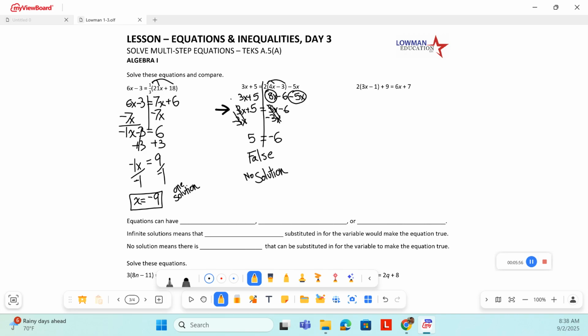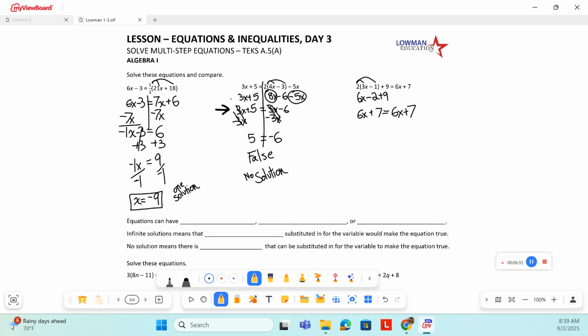Okay, and last but not least, we got one more to work out. So doing some distribution again. 6x, and then a negative 2 plus 9, and we can go ahead and do that. 9 minus 2 gives me 7, and remember that's going to be positive now, so 6x plus 7 equals 6x plus 7.